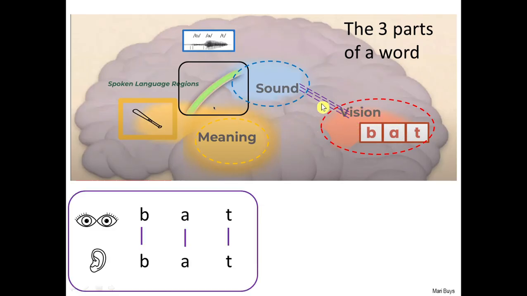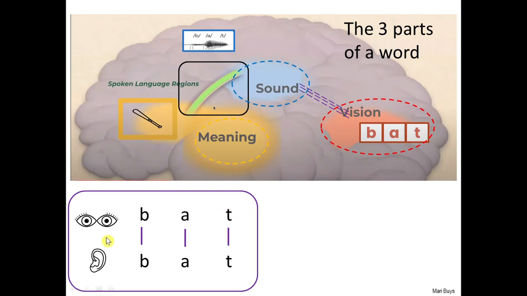And these connections are what the grade 1 child must develop. And everything we do in class must target the development of these neurological pathways.